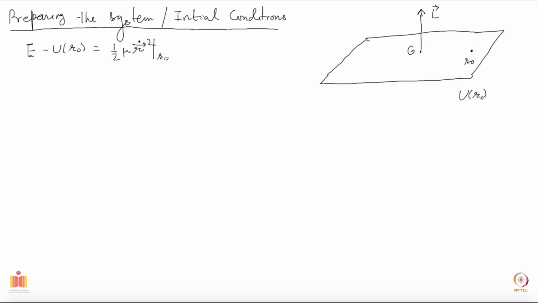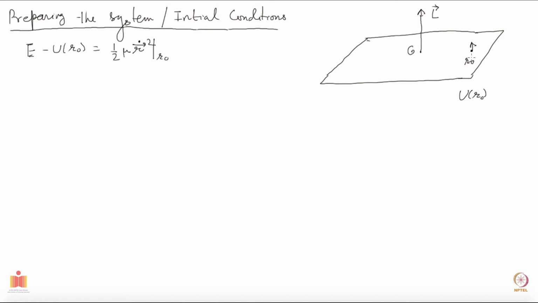Okay, so which means that I know, or I can calculate from here, with what velocity I should fire the particle at r0. Okay, so if I calculate this, find the number, the velocity from this, then I should fire my particle, okay, with the calculated amount of velocity. If I do so, then my system is going to have the total energy E which I wanted.